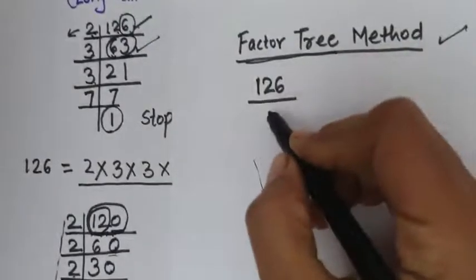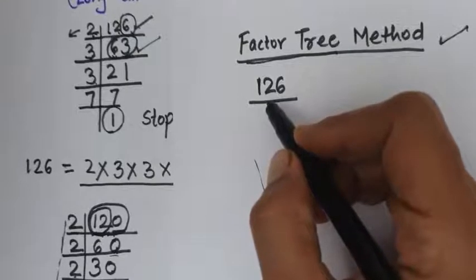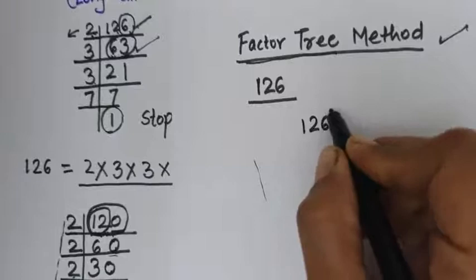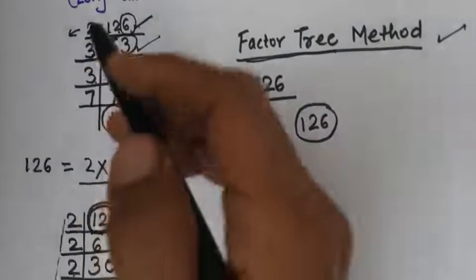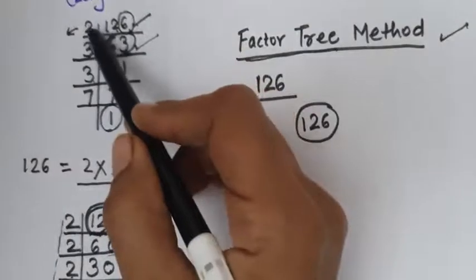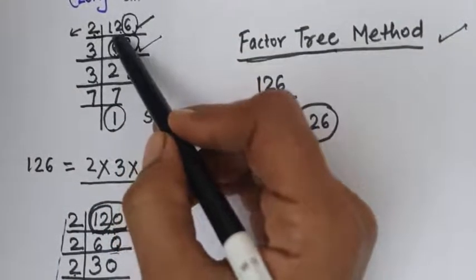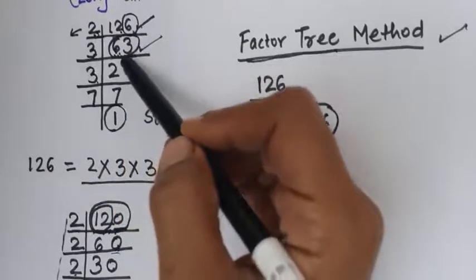How can we draw the factor tree of 126? First of all, write this number in the circle. Now start from here. These are the two factors of 126, 2 and 63.